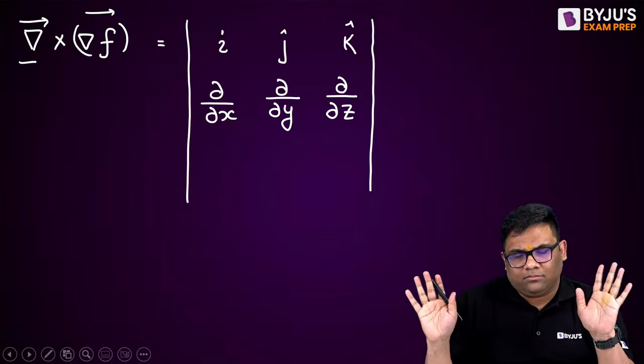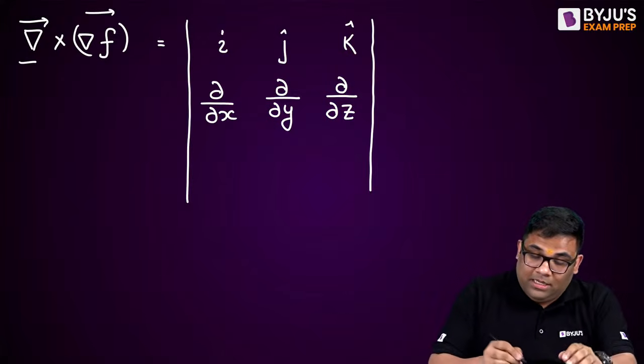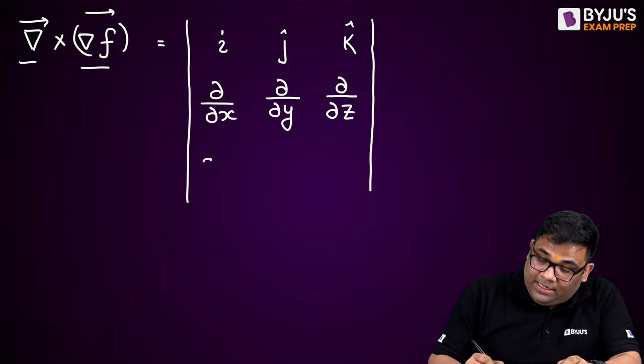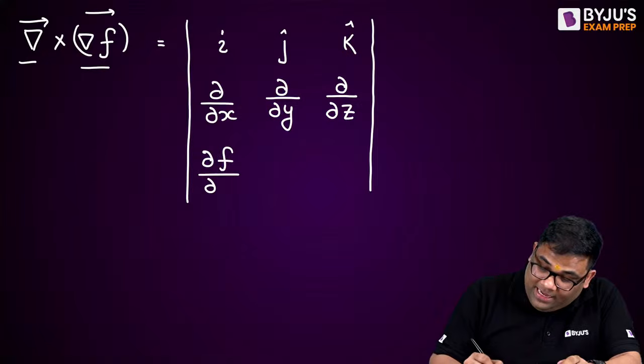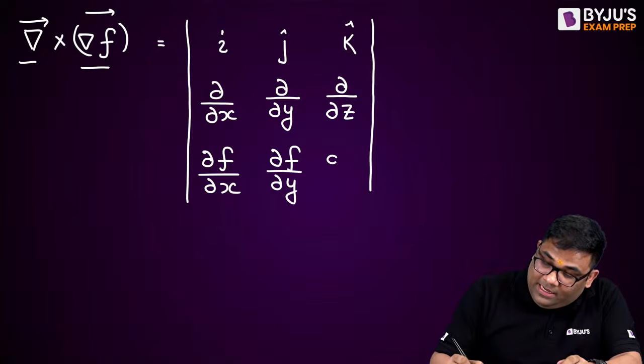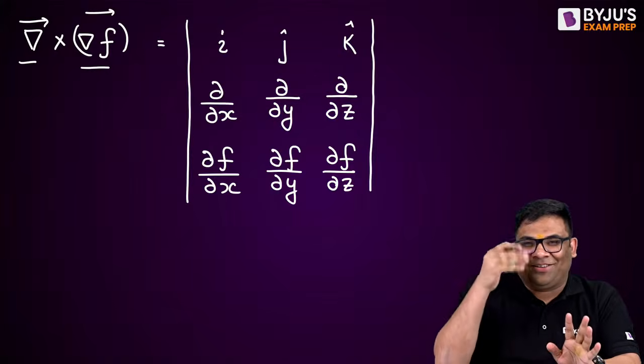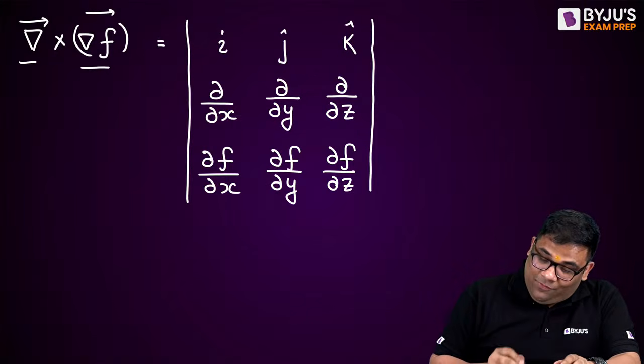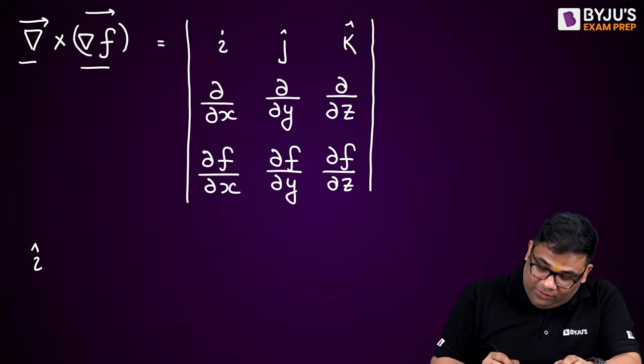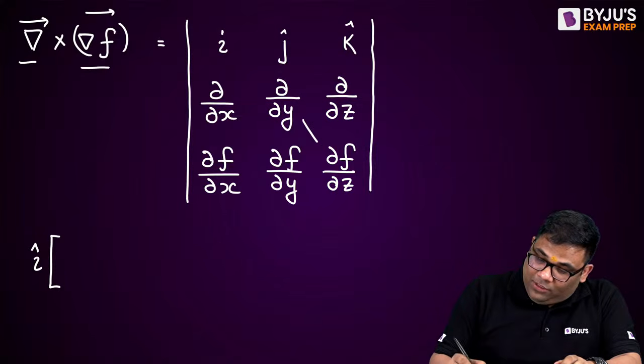Now what is this? Del f by del x, del f by del y, and del f by del z. Actually we call it dou, partial differentiation. I am using del, sorry, it is still dou, partial differentiation. Now when you find the determinant, for i cap you will do this stuff, right?